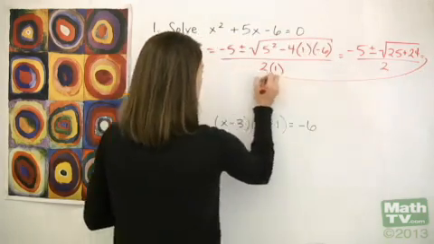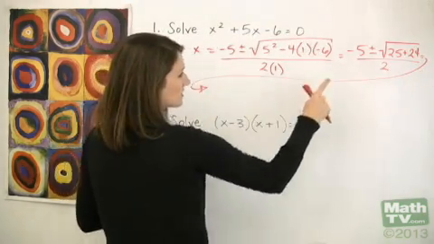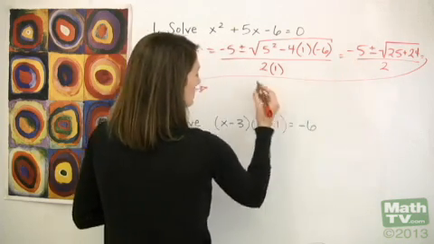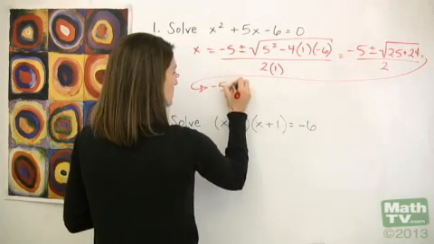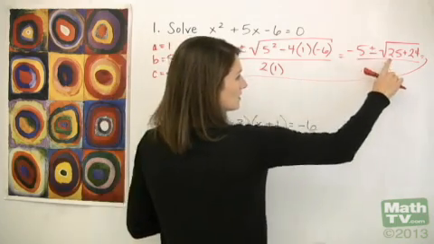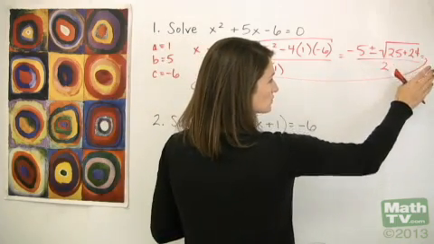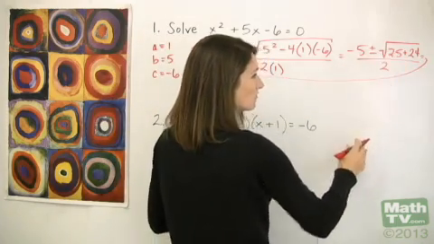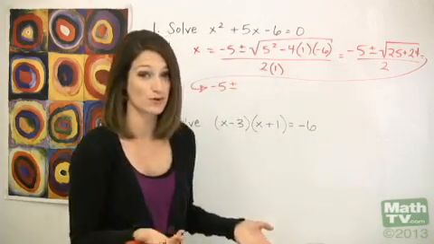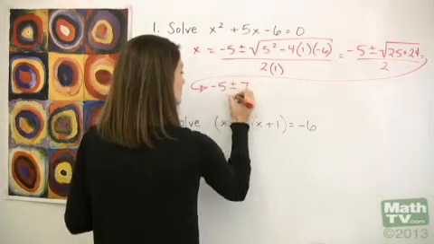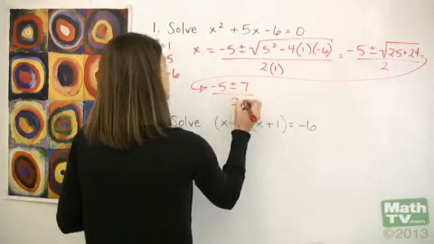So let me bring this down here. Then simplifying this further, we have negative 5 plus or minus 25 plus 24 is 49, and we'll take the square root of that. So the square root of 49, that's a perfect square, gives us 7, and that's over 2.